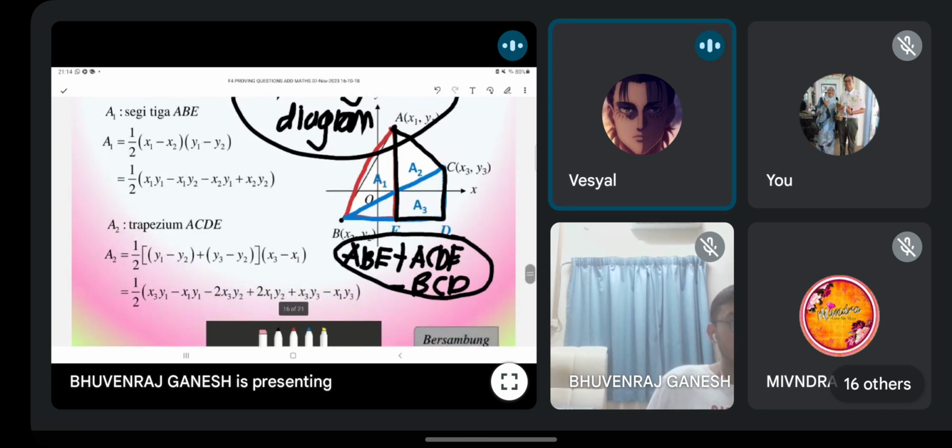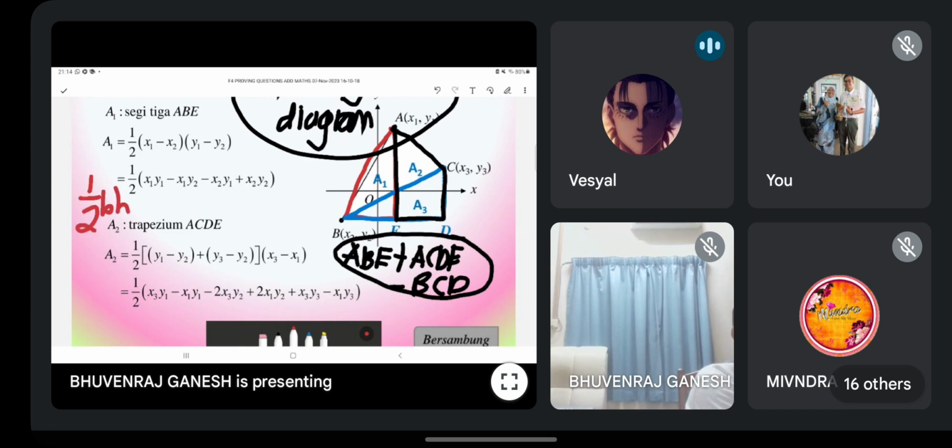Okay, I'm not gonna lie, the rest is actually very basic. So if you know your formula, then you can answer the question. So you remember ABE plus ACDE minus BCD. First step is to find the triangle ABE. Use your normal triangle formula: 1/2 times base times height. And then you will get x1 minus x2, y1 minus y2.